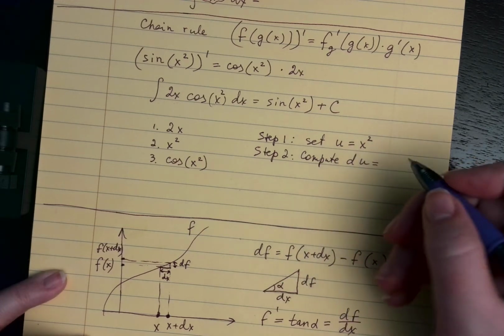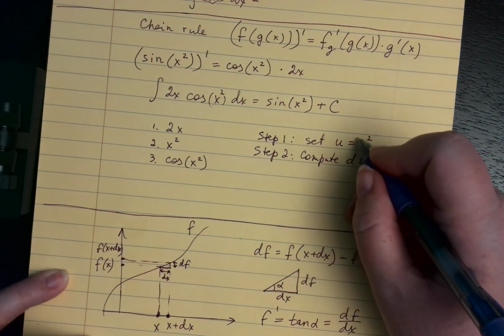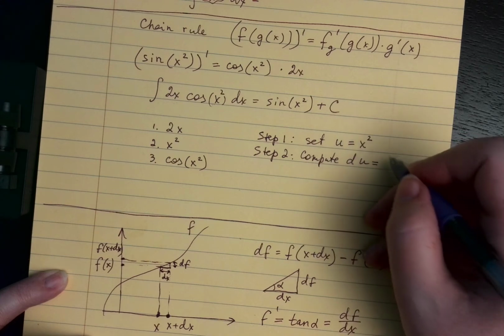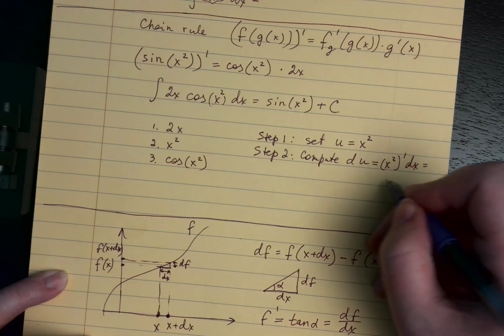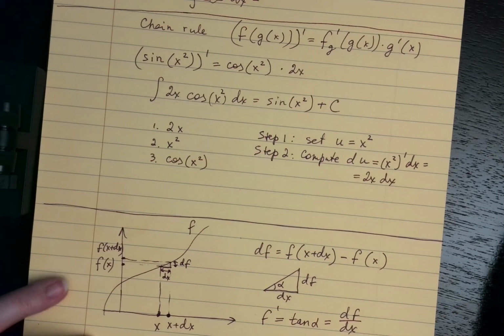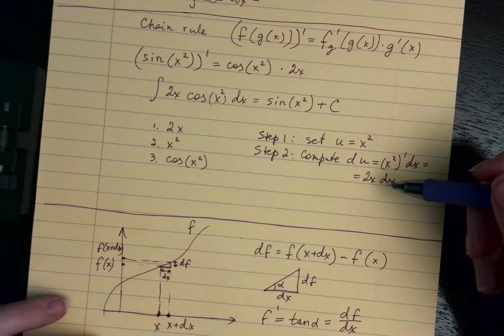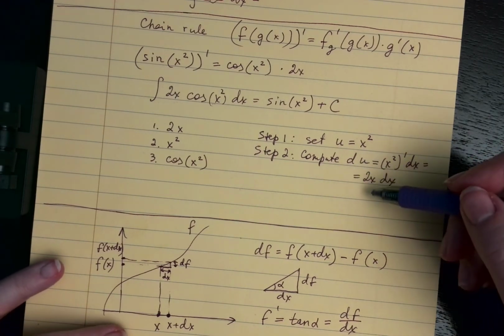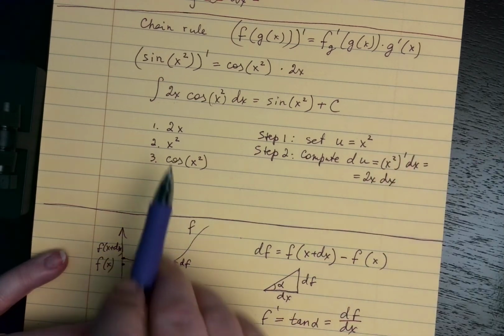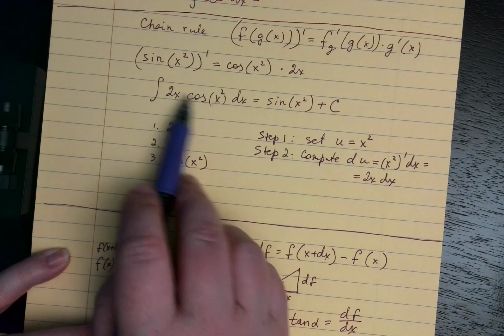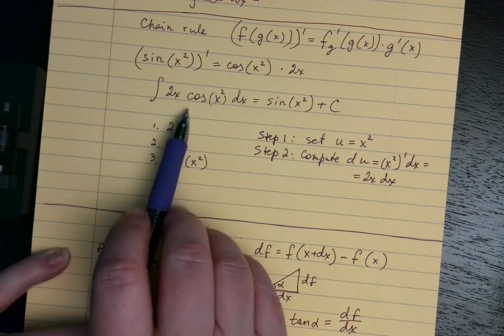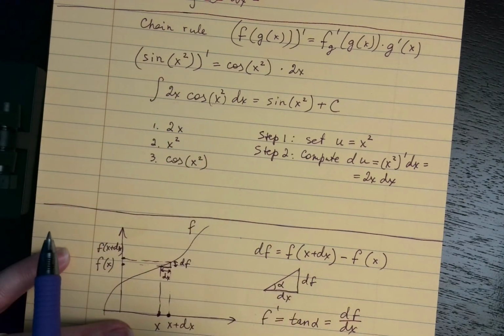To compute it, we need u prime, so x squared prime, right? X squared prime times dx. So we do get 2x dx. A lot of times this is already enough, because you can carve out your 2x times dx. This is my du, and this is my cosine u.